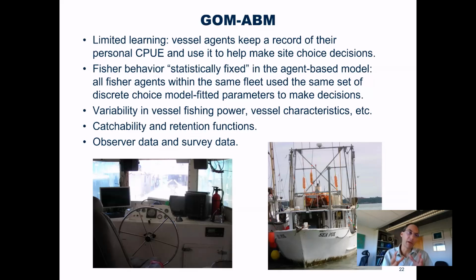So once a fishing vessel selects a large polygon in which to fish, it can then move within that polygon a variety of times that day, which is drawn from a probability distribution from the observer data. And then the distance and direction it moves is also drawn from probability distributions coming out of observer data.